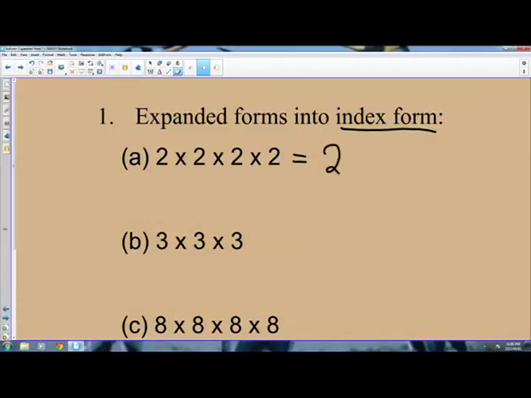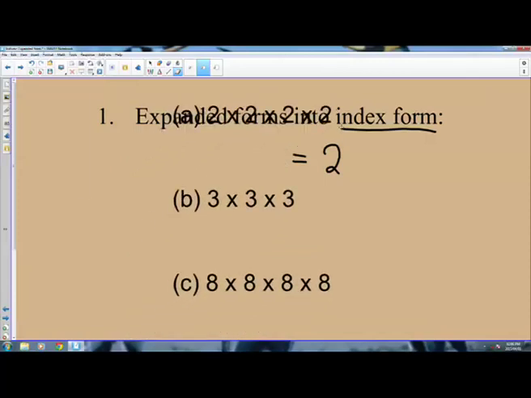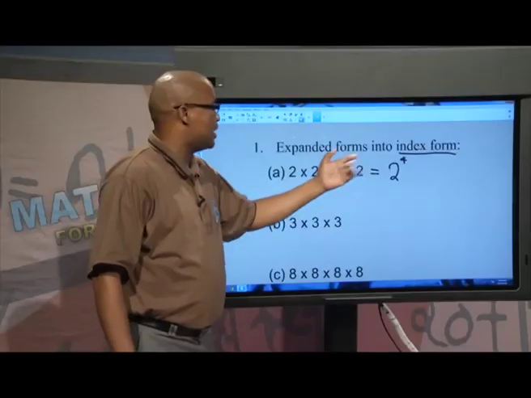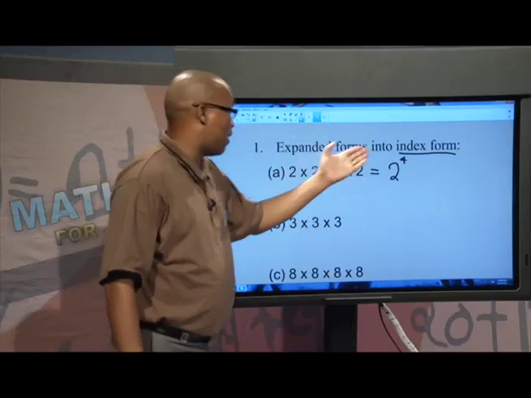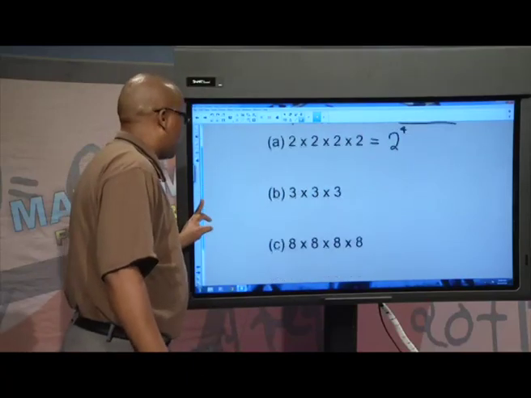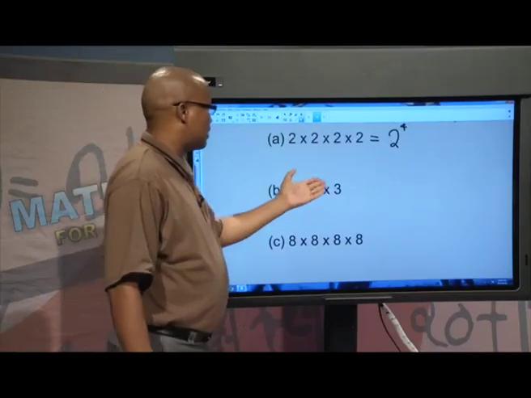We'll count the number of times the 2 has been multiplied. 1, 2, 3. If we have 2 times 2 times 2 times 2, we count the number of 2's it has been multiplied: 1, 2, 3, 4. So this is just 2 to the power 4. If you are to write 2 times 2 times 2 times 2 in index form, it becomes 2 to the power 4.